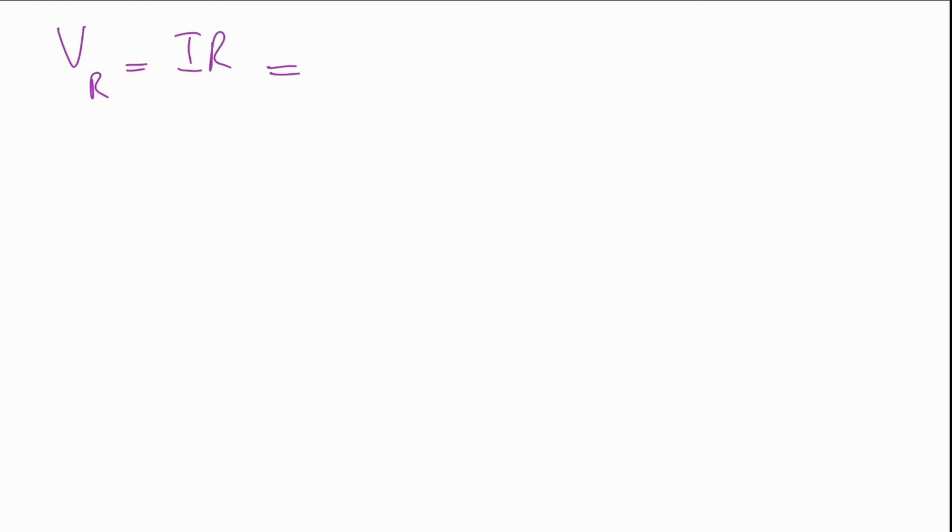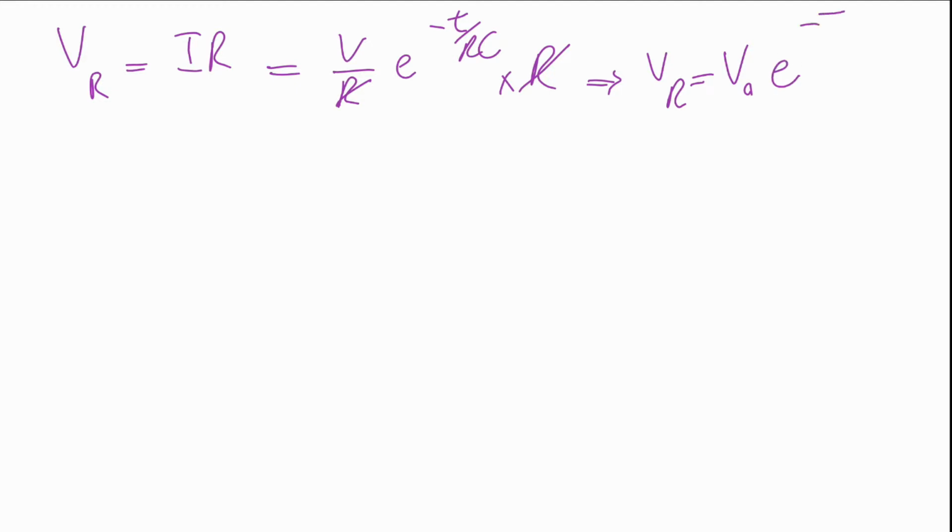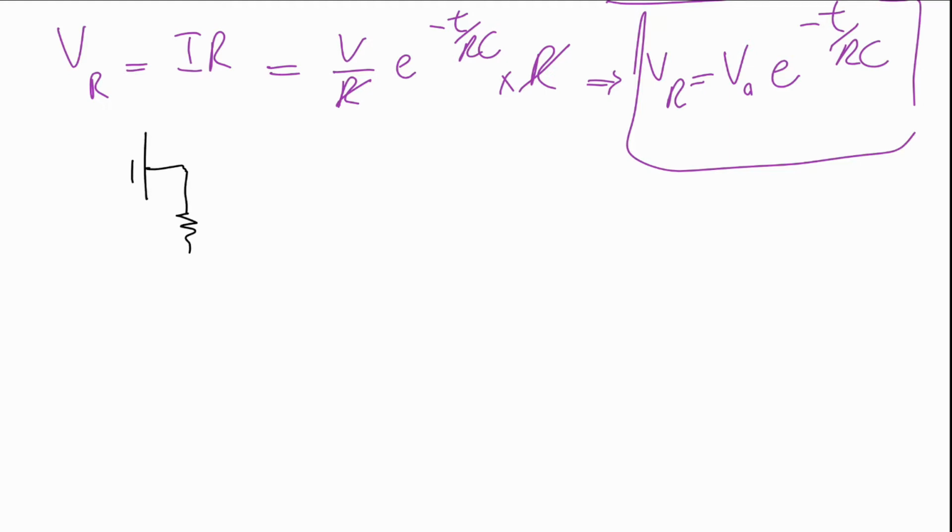We know that I is V over R e to the power of minus t over RC, multiplied by an R. So these R's cancel out, and we will find that V of resistor is V of the battery, which is V0, multiplied by e to the power of minus t over RC. And this line is also important because we have the formula for the voltage across a resistor.